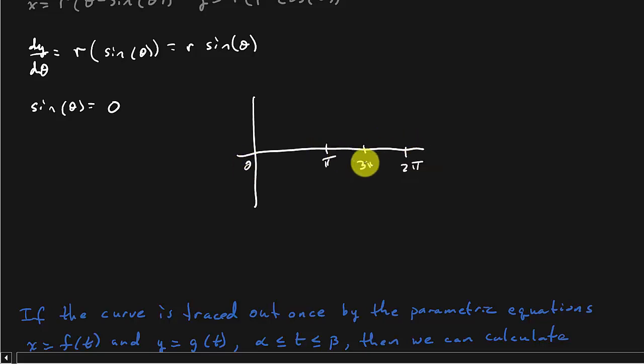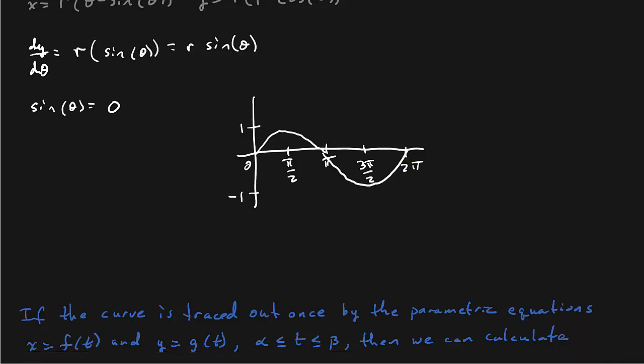That's something that you should be able to do real quick: sketch a basic sine and cosine curve. All right, so we can see that sine is 0 at 0, pi, 2 pi, and so on.